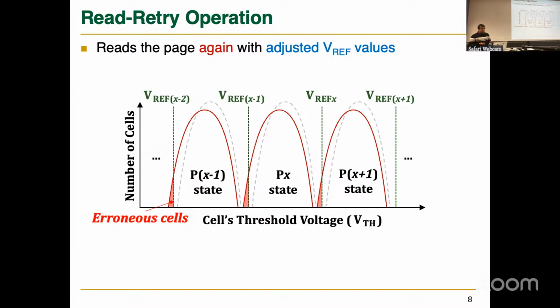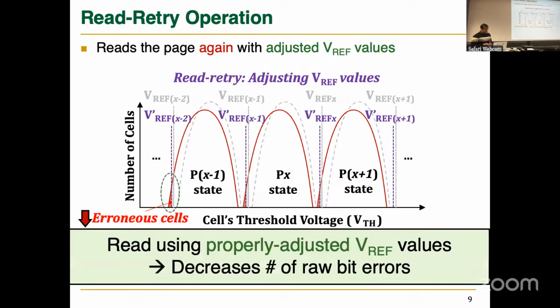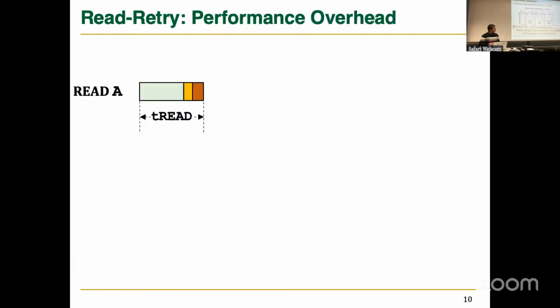Read-retry basically shifts the read reference voltages in small or large increments, and then tries to read the page again, so that you reduce the number of erroneous cells that you get with the original read reference voltage. You adjust the read reference voltages, and this results in a decreased number of raw bit errors.